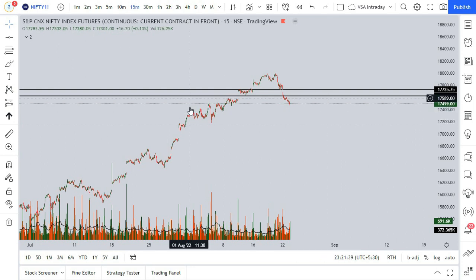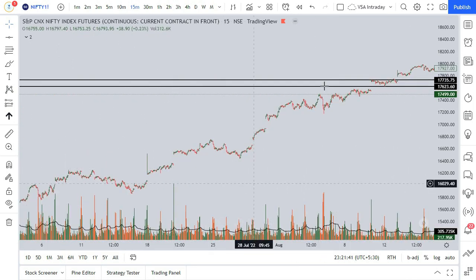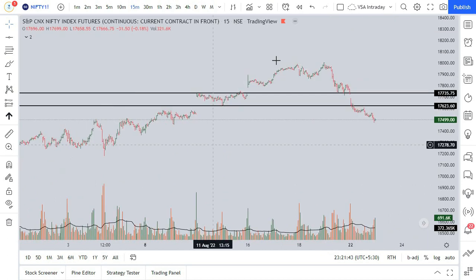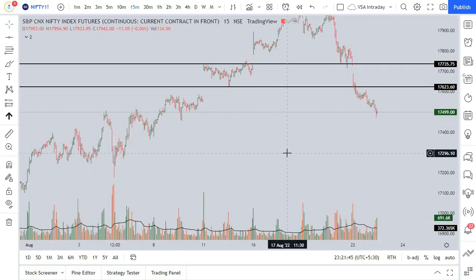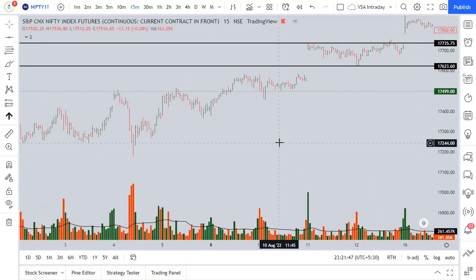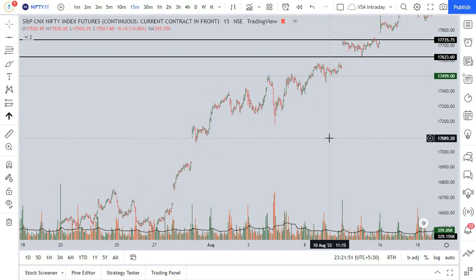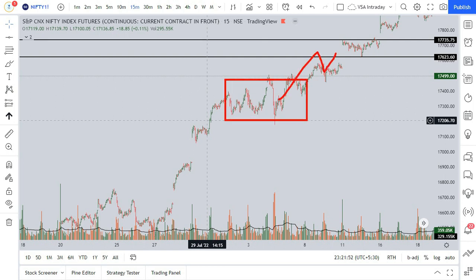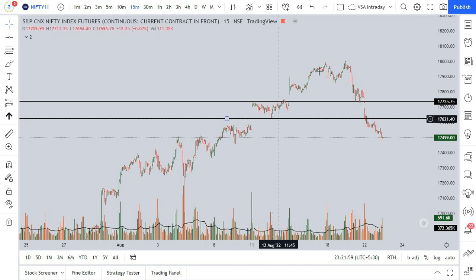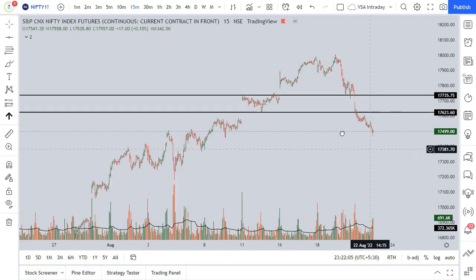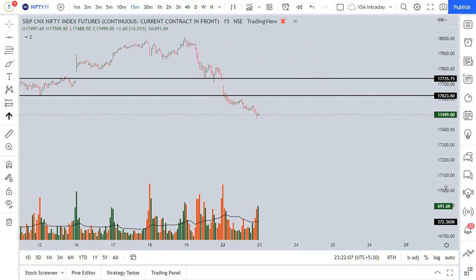So in this particular case, what happened right here, the market started creating higher highs, and obviously the market went towards the higher highs. So what you can actually do, if you're going on a lower time frame, as you can see, the market did respect the nature. As you can see right here, the market created a cause, you got an effect, again the market created a cause, then you got an effect, again the market created a cause at this particular point, then the market created an effect, and now after this day I'm expecting a cause again.